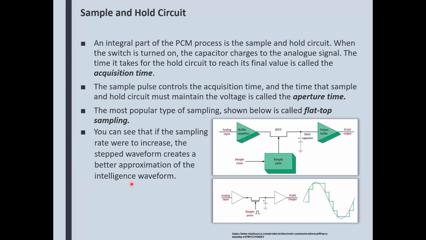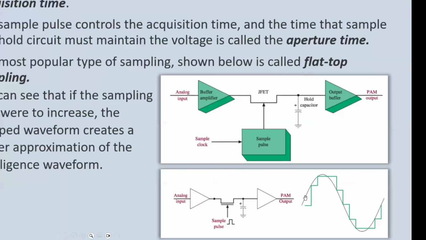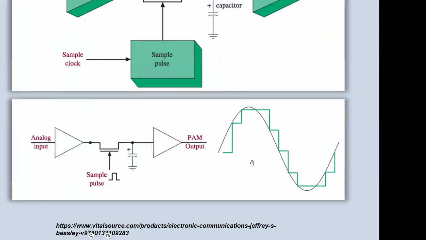What comes to mind? Sample and hold. That will let you transmit a certain type of signal with not as high a sampling rate, because the capacitor would approximate filling the gaps.